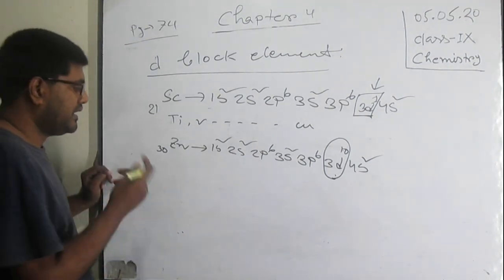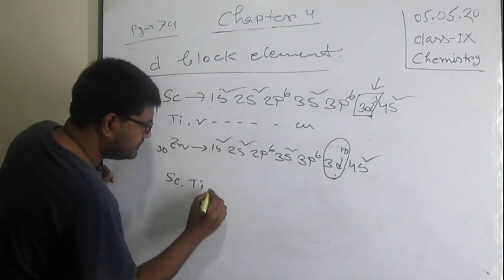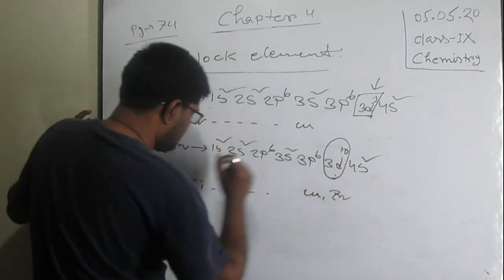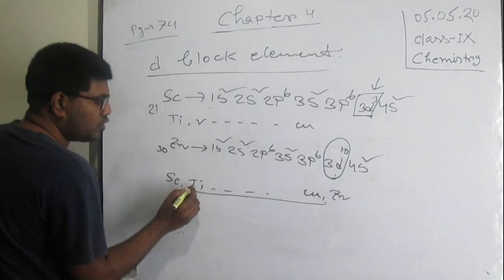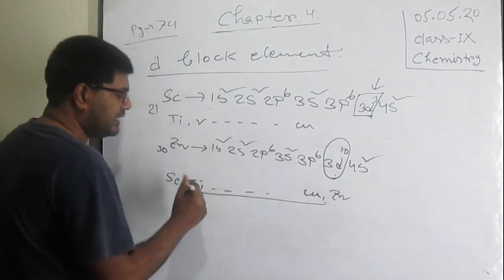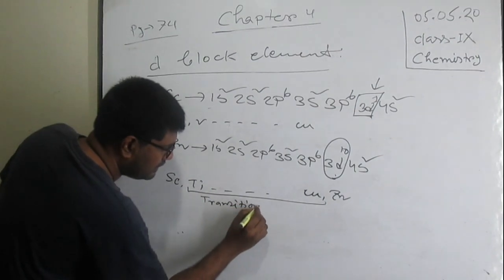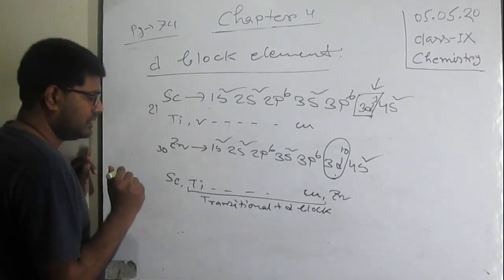What is a transitional element? Actually, from scandium, titanium to copper, then zinc, the elements from titanium to copper, that means atomic number 22 to 29, they are transitional plus d block elements.